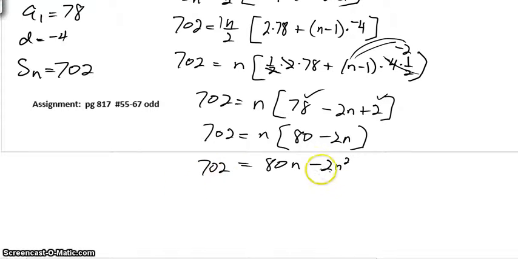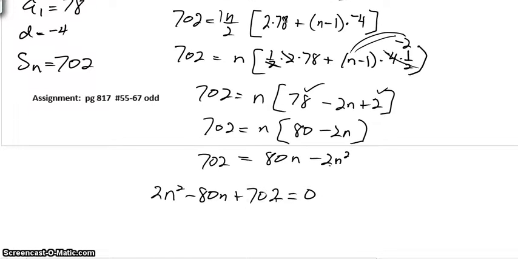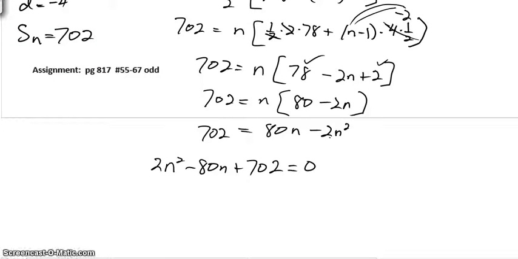Move this 2n squared over. How about we add a 2n squared to the right? How about we minus an 80n? And, oh, this is interesting. All of these terms are even. How about I divide everything by 2? And, my gosh, what's half of that?